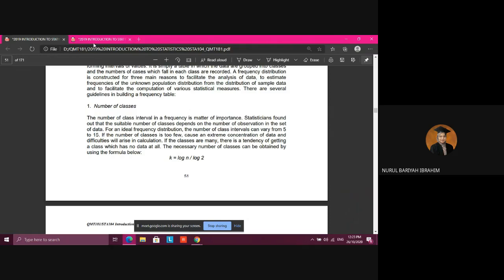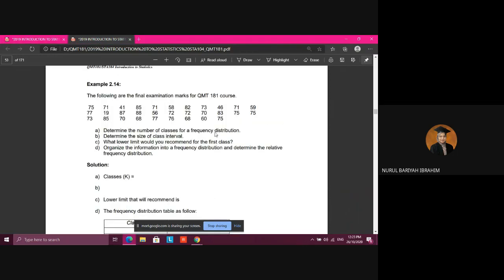Okay, daripada a set of data, contohnya macam ni, we have a set of data. So now we want to group this data into several intervals of classes. And then from there we can calculate ataupun count the values that correspond to the classes that we created.